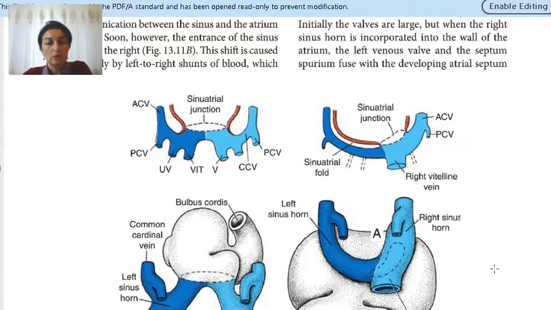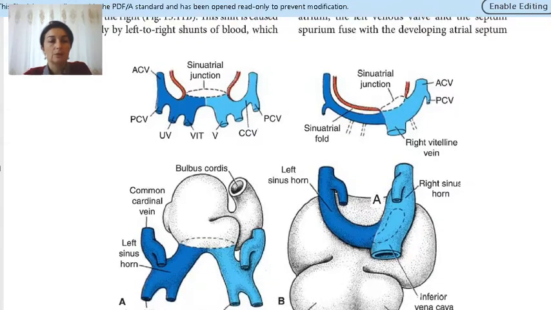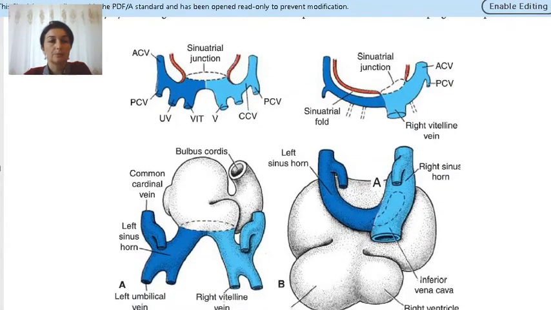Before talking about the septa formation in the heart, we have to mention that initially the sinus venosus has two horns. That is the opening of the sinus venosus into the heart tube.